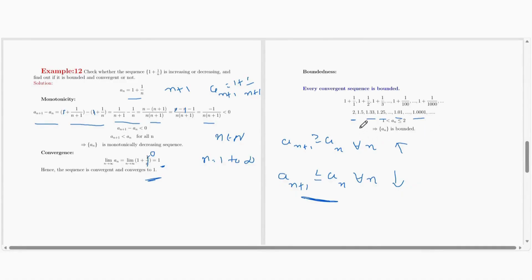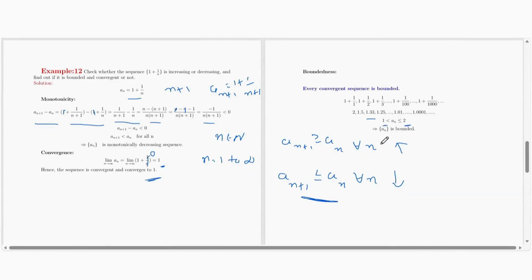As we go further in the sequence towards infinity, the numbers keep decreasing and approach 1. So what we conclude, the lower bound of the sequence is 1 and the upper bound of the sequence is 2. Here the maximum value is 2, and as we move towards infinity this pattern approaches the value 1 but never crosses the value 1. So that's why the lower bound is 1 and the upper bound is 2.